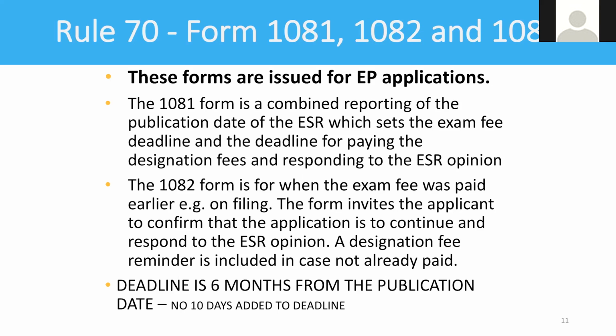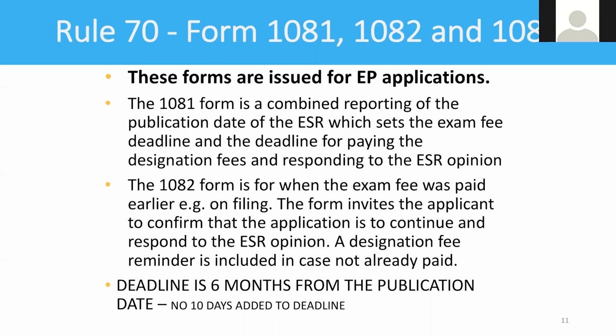Correct. So the differences between these forms: Form 1081 is a combined reporting of the publication date of the search report, which sets the exam fee deadline and also the deadline for paying the designation fees and responding to the search report opinion.